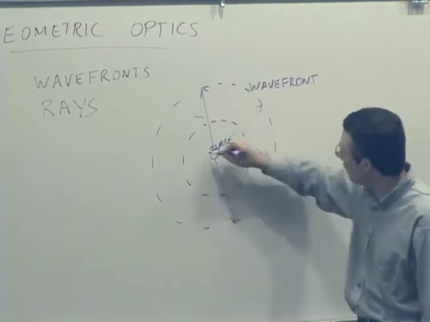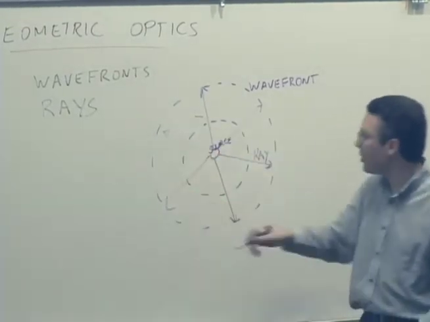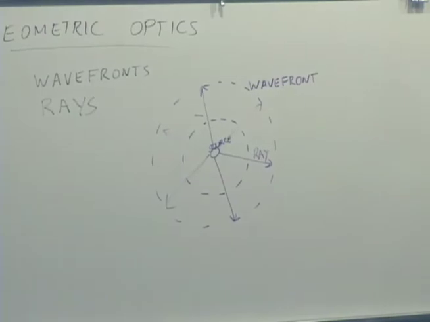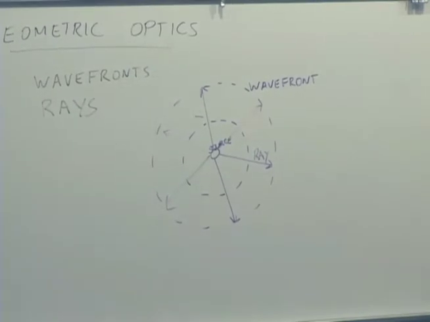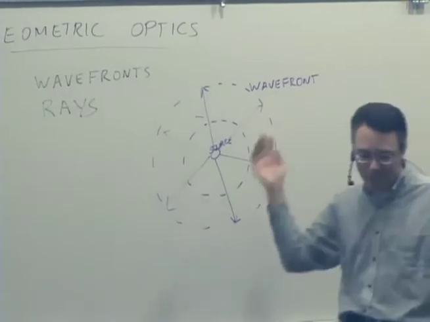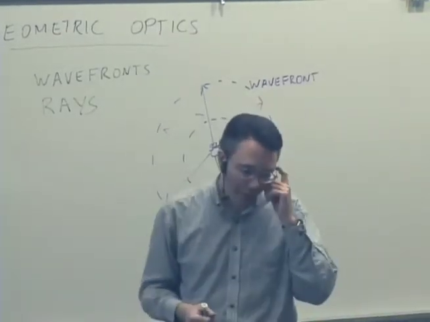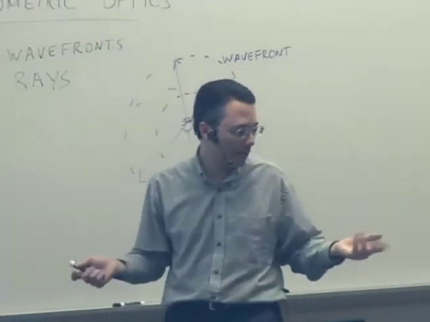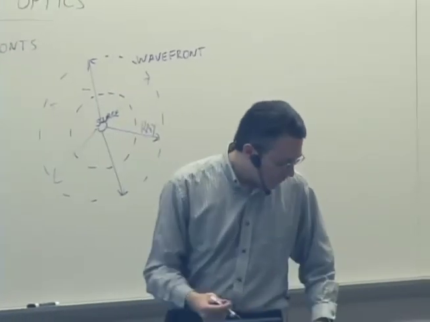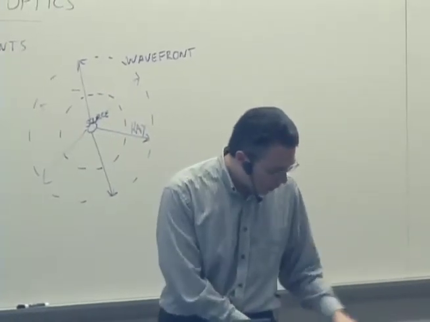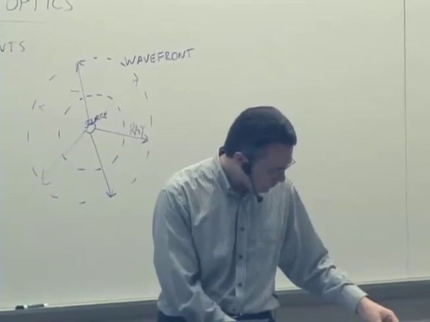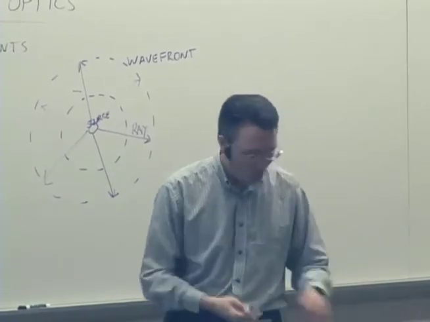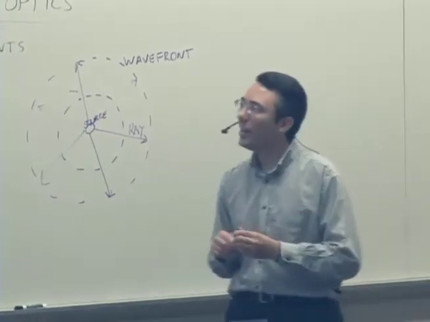A ray is just a straight line pointing in the direction of propagation, and it's perpendicular to the wavefront. Okay, so we can think about light traveling in straight lines, the wavefronts propagating out in the direction given by those straight lines.